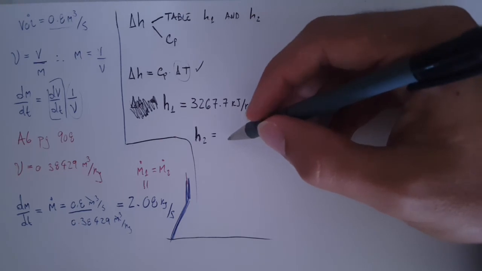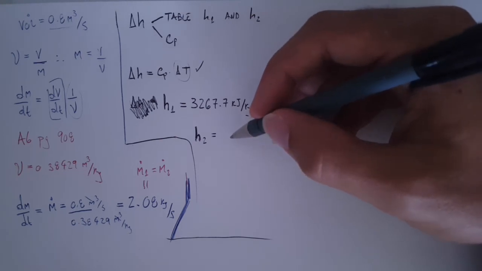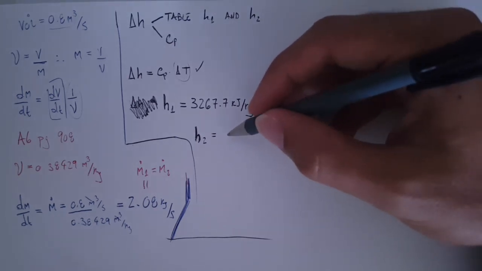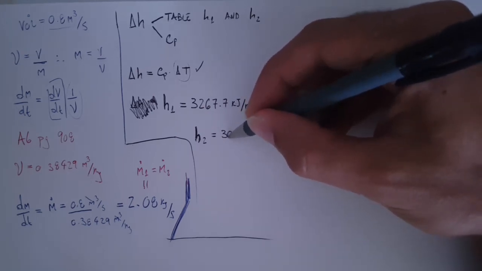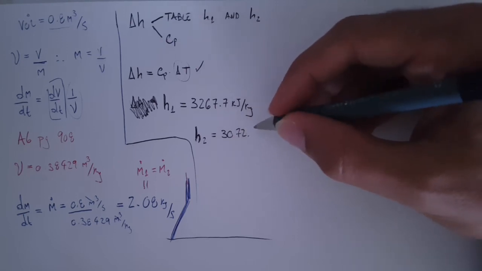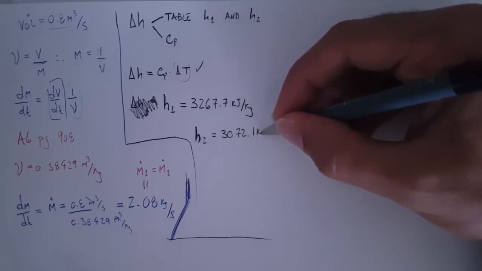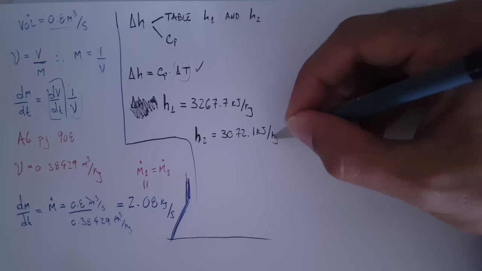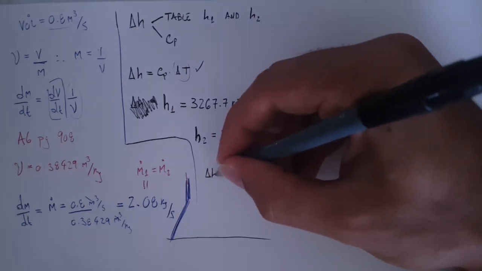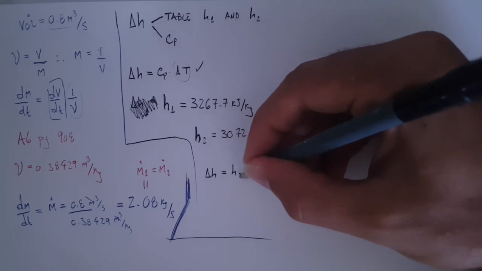You know how to do that already. If you don't, leave a comment and we'll talk about it in detail. If you go to the right table, which is superheated at 0.2 megapascals, I got 3072.9 kilojoules per kilogram. So I did it from the tables, and that means I can now grab my delta h, which will be h2 minus h1.